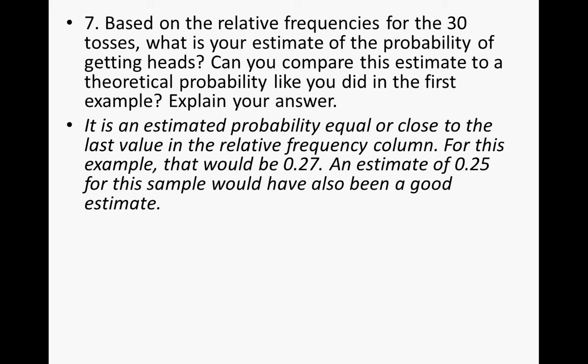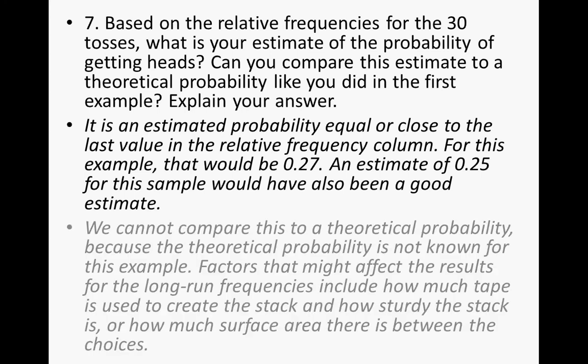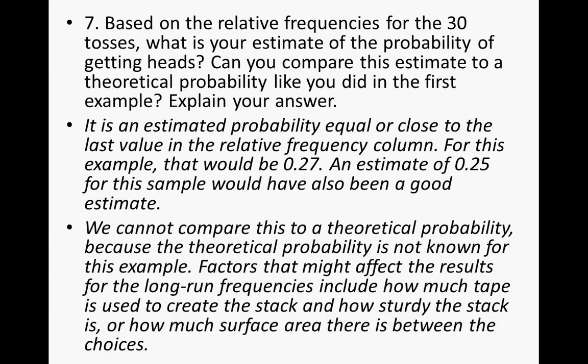An estimate of 25/100ths for this sample would have also been a good estimate. We cannot compare this to a theoretical probability because the theoretical probability is not known for this example. Factors that might affect the results for a long-run frequency include how much tape is used to create the stack, how sturdy the stack is, or how much surface area there is between the choices.